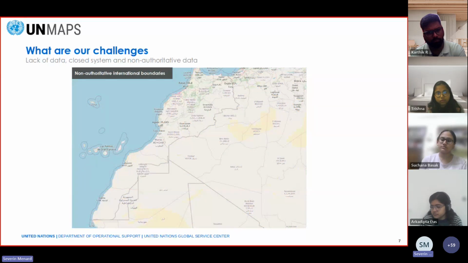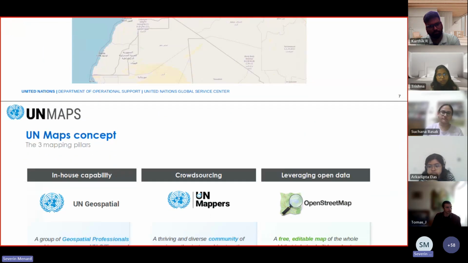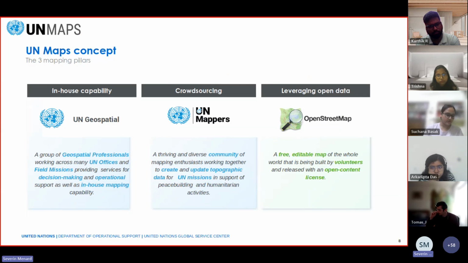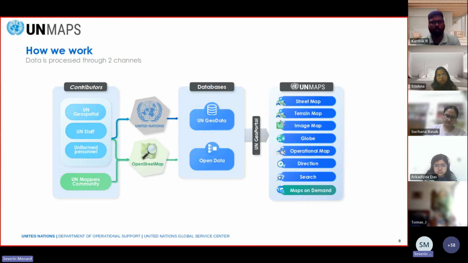So what has been decided is to grow an in-house capability, using people that will produce some authoritative data, and people that will also work on OpenStreetMap. But as OpenStreetMap is a wiki project in which everybody can participate, there are also some activities proposed to the crowd to contribute, and this is how the data is produced.